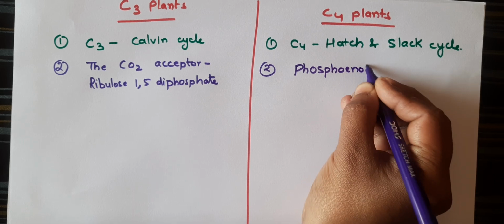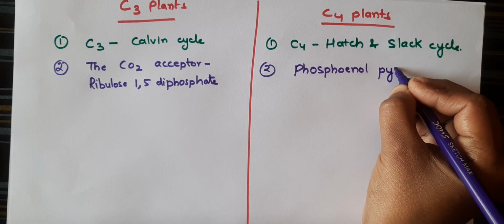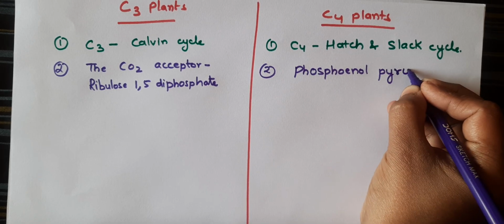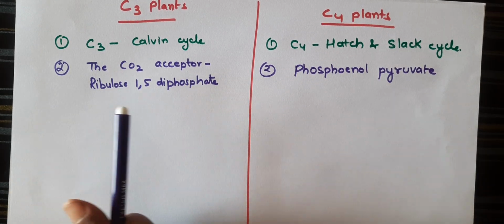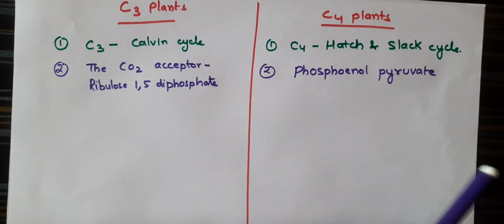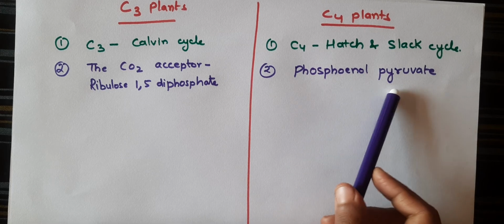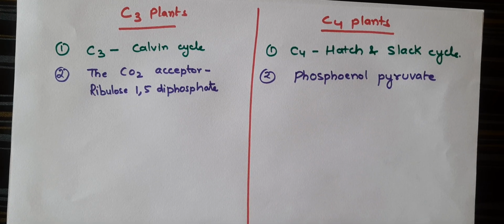So students, it is clear that the carbon acceptor in the C3 plant is ribulose 1,5-diphosphate, whereas in C4 plant it is phosphoenol pyruvate.